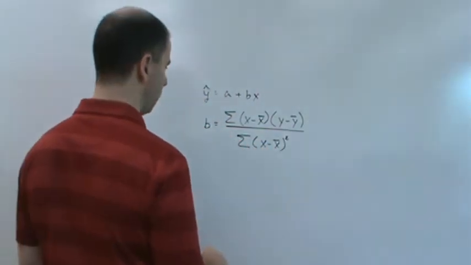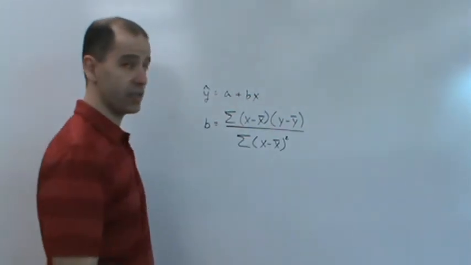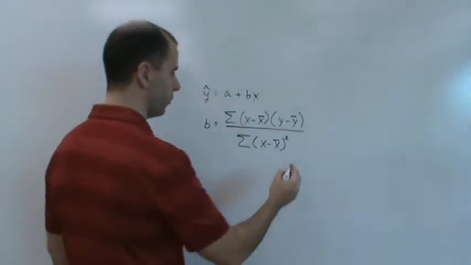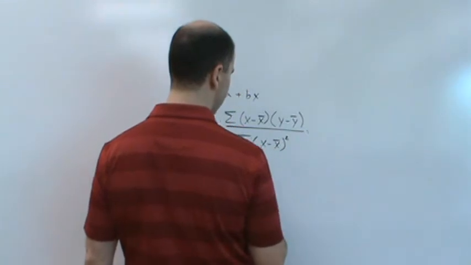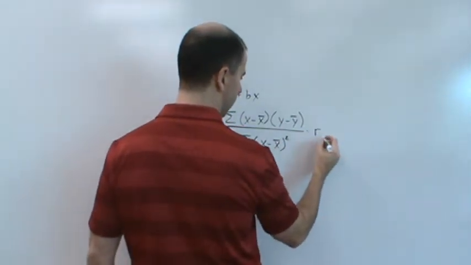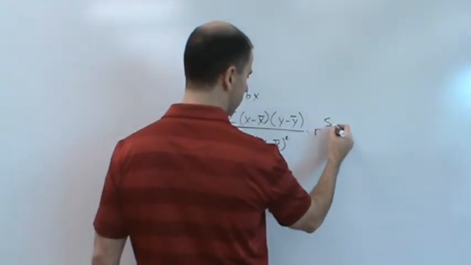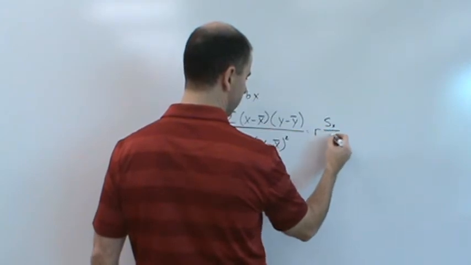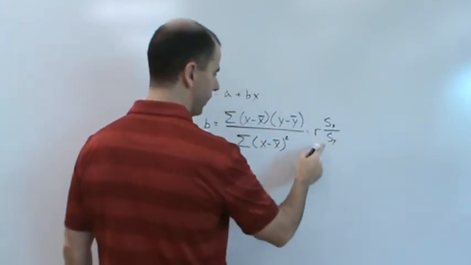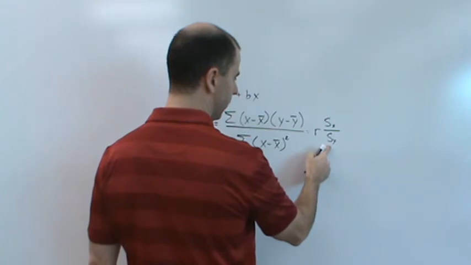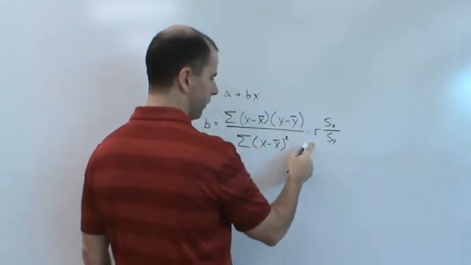Now that's the slope. Another simpler way of doing the slope is using this formula. You can think of it this way: it's just going to be r times the standard deviation of your y's divided by the standard deviation of your x's.